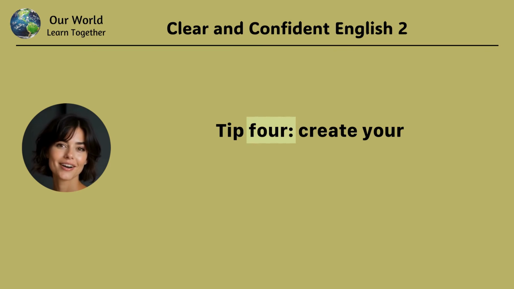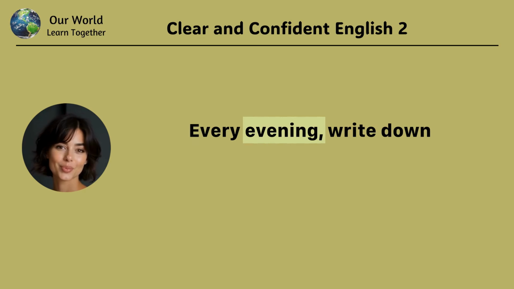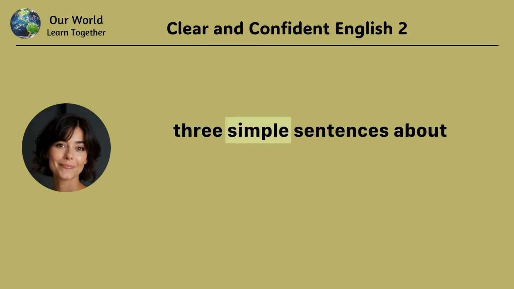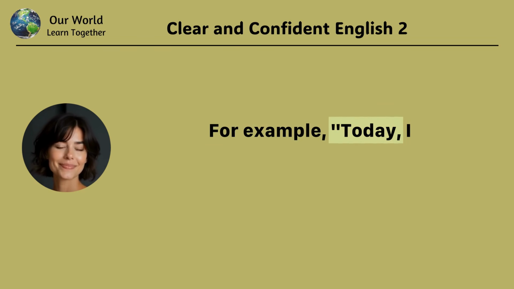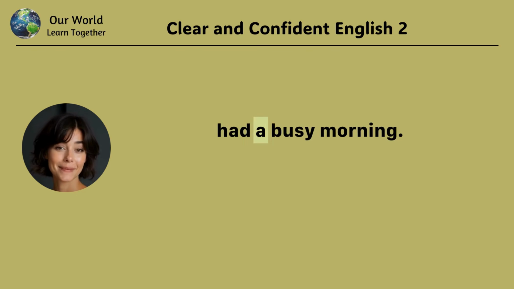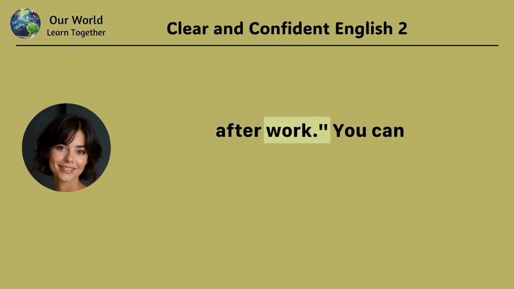Tip 4. Create your daily sentence bank. Every evening, write down 3 simple sentences about your day in English. For example, today I had a busy morning. I met a friend for lunch. I watched a movie after work.